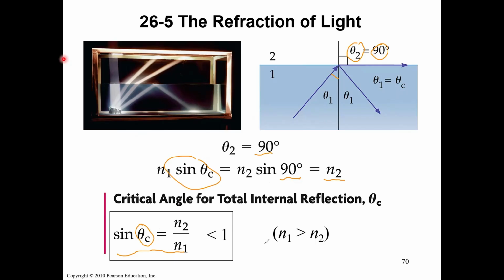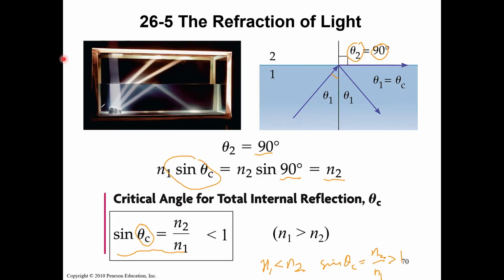What if N1 is smaller than N2? If N1 is smaller than N2, for example, we have air going into the water, then sine theta c will be N2 divided by N1, and N2 is larger than N1, so it's larger than 1, so there's no such theta c.